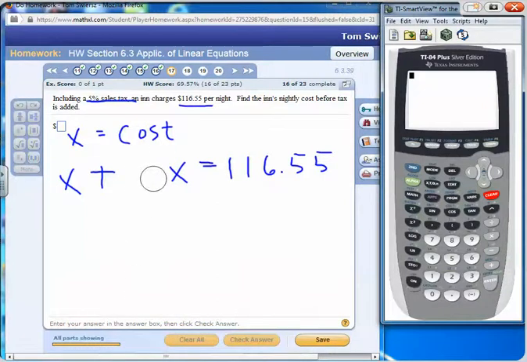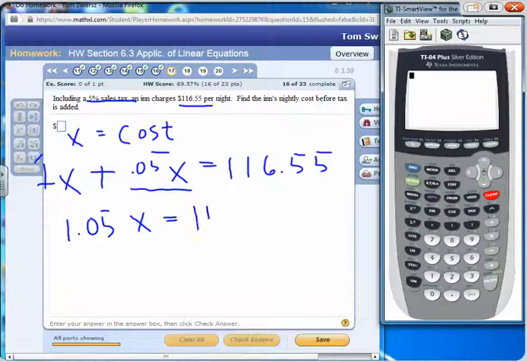So X plus 0.05X, okay? Now this is 1X. 1X plus 0.05X is 1.05X equals 116.55. The 1X and the 0.05X, you add them together to get 1.05X.